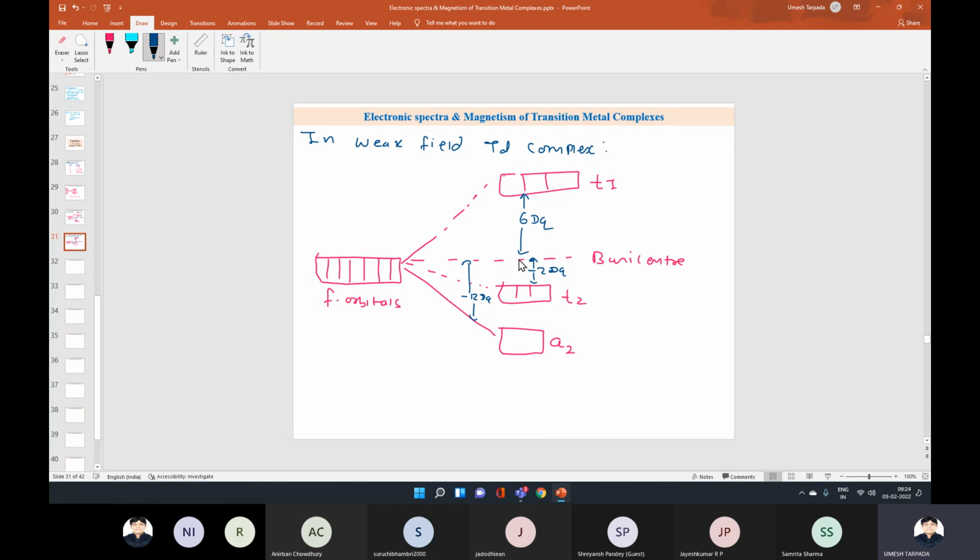So this is the case of a tetrahedral complex.